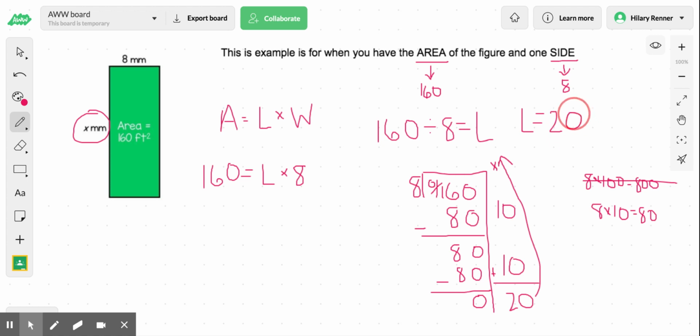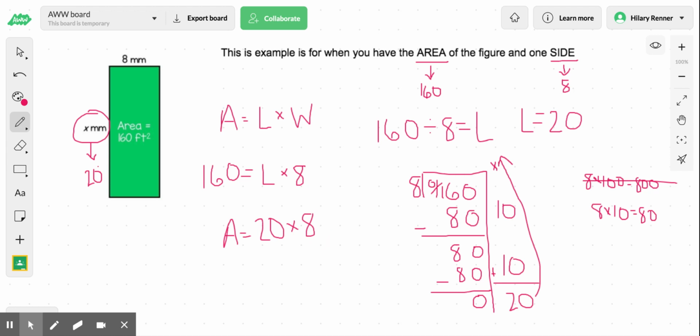Now, let's check our work. That means this missing side would be 20 over here. We have 20, which means that if we now substitute area equals length times width, that would be 20 times 8, and we should get 160.